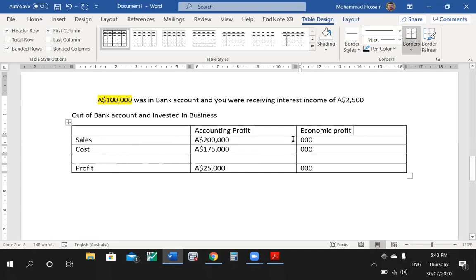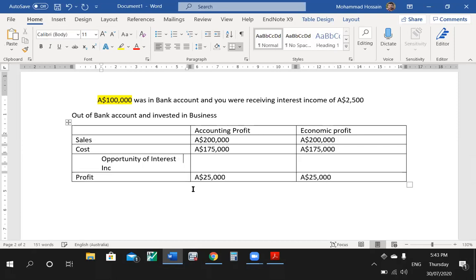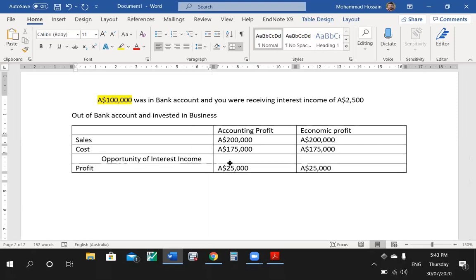In this case in here, it remained the same, nothing changed. It's all exactly the same, nothing wrong in here. We all understand these things. But this one says a little bit more, that the opportunity you had, the opportunity of interest income, is lost. So this is the problem we have with economics. They will say, I have lost another $2,500.